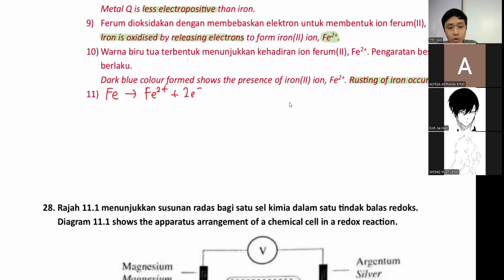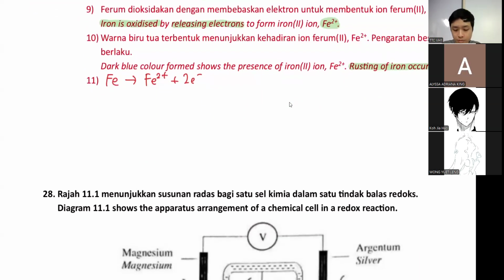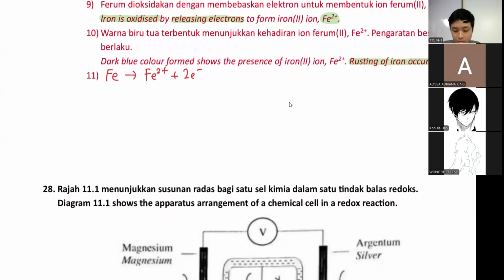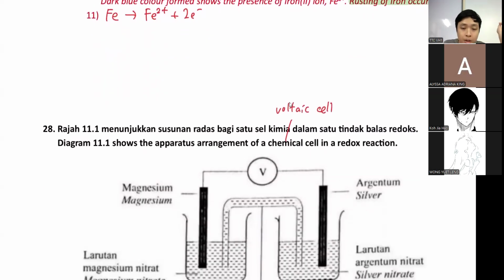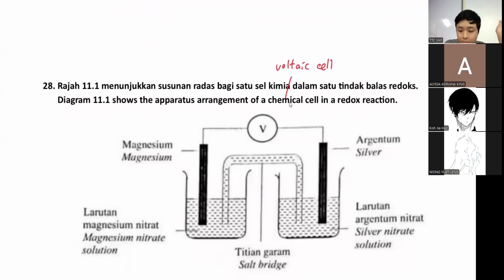Okay, so question 38. Diagram 11.1 shows the apparatus arrangement of the chemical cell. If you see chemical cell, voltaic cell, galvanic cell, it's the same thing. They are called voltaic cell.